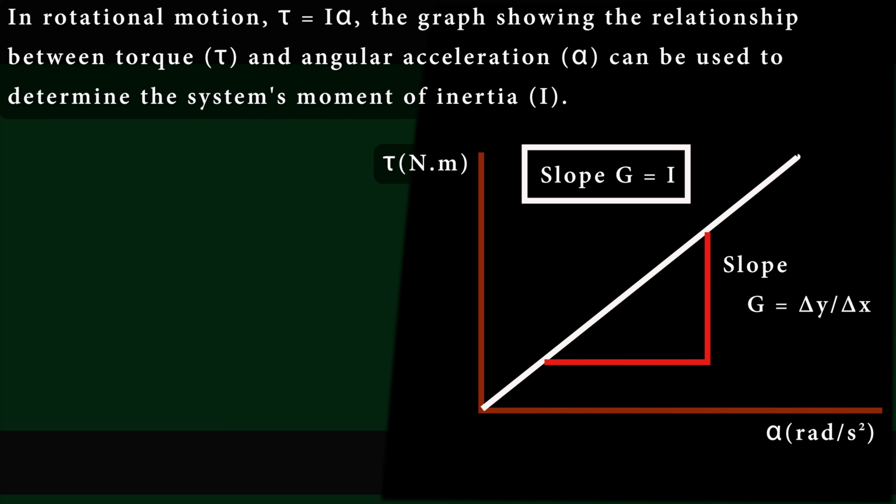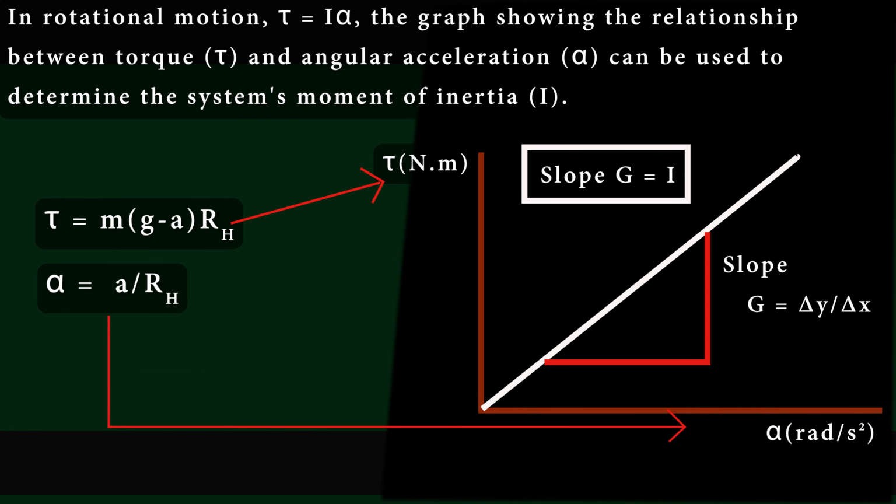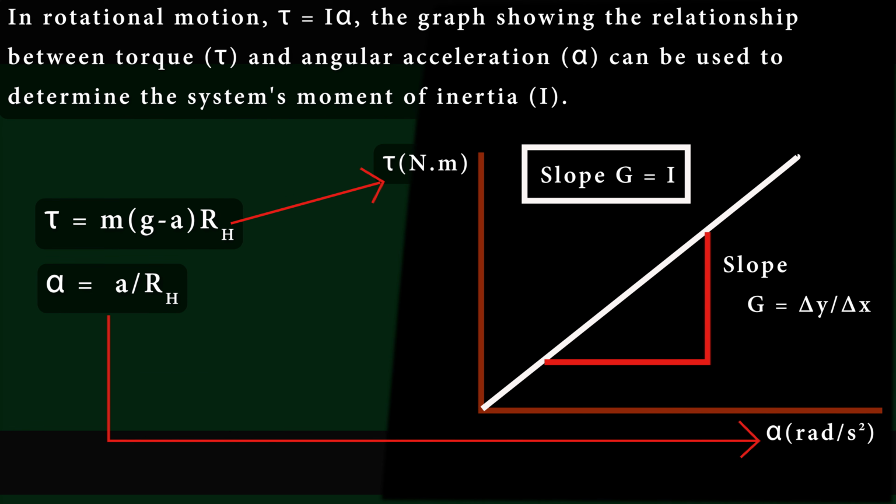They will use this time to calculate the linear acceleration a. Then, they will substitute the linear acceleration into the equation torque equals m multiplied by g minus a multiplied by rh, and substitute the value into the equation alpha equals a divided by rh.